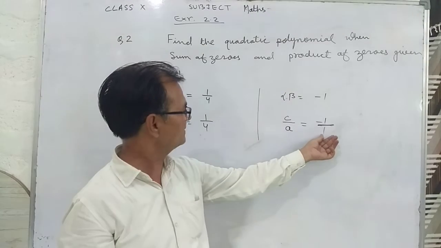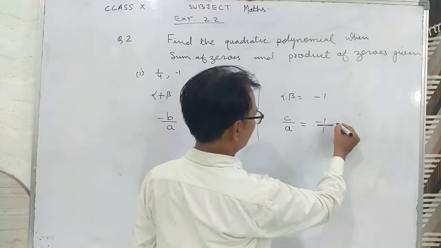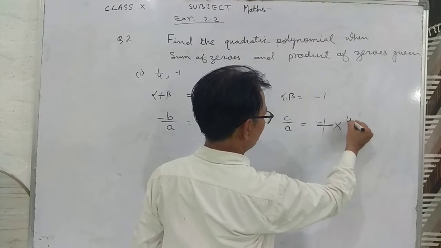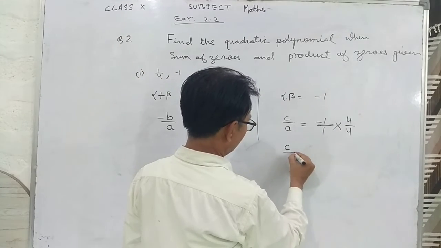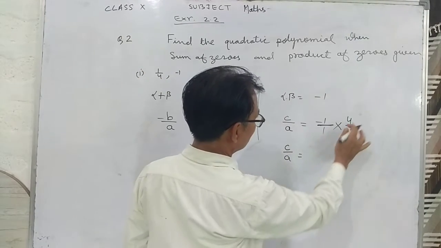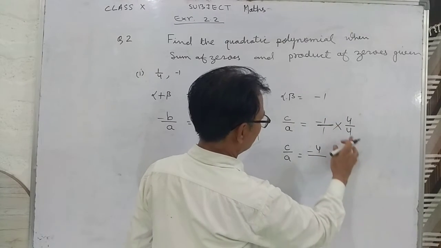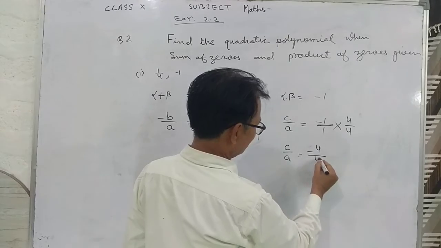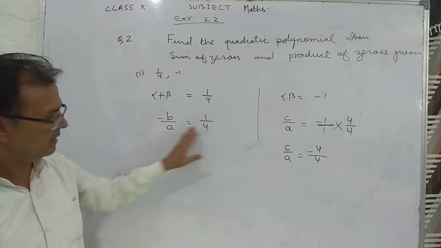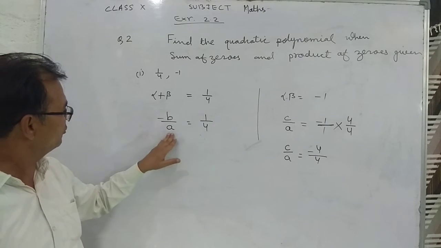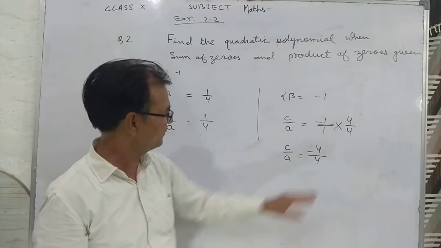To convert this a as 4, we can multiply p upon q by 4 upon 4, so c upon a we got 4 multiplied minus 1 is minus 4 upon 4 multiplied by 1 is 4. We are making same denominator.